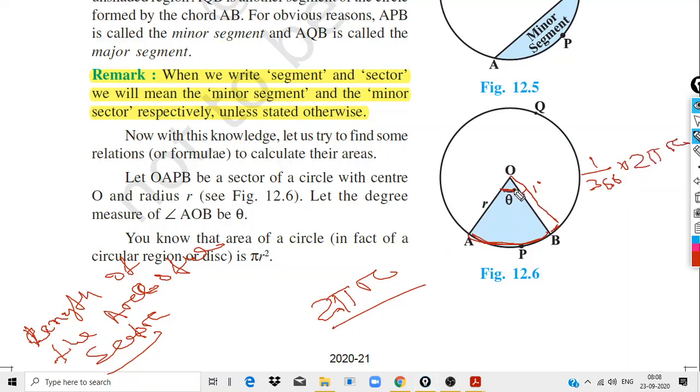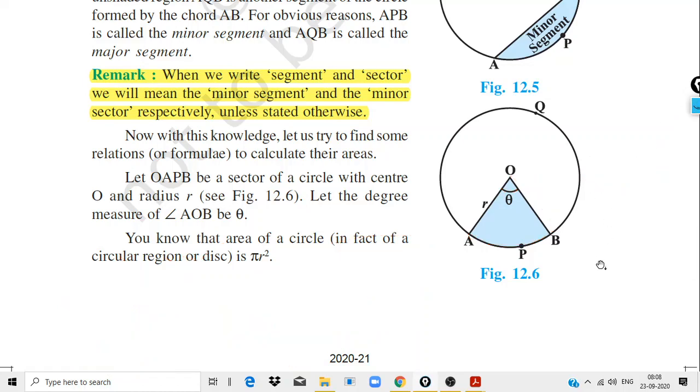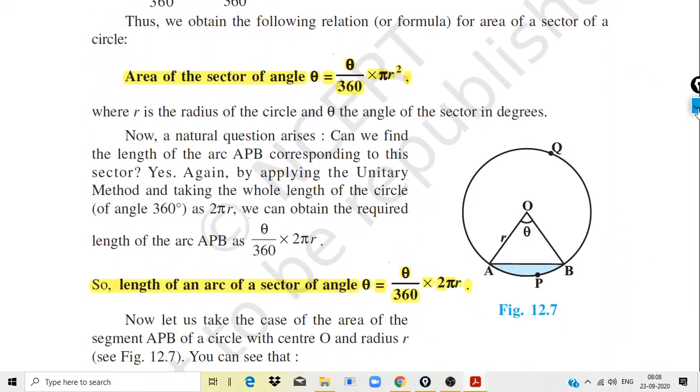Similarly, for theta, theta by 360 into 2 pi r. So this will be your formula. Length of the arc of a sector of angle theta is equal to theta by 360 into 2 pi r.